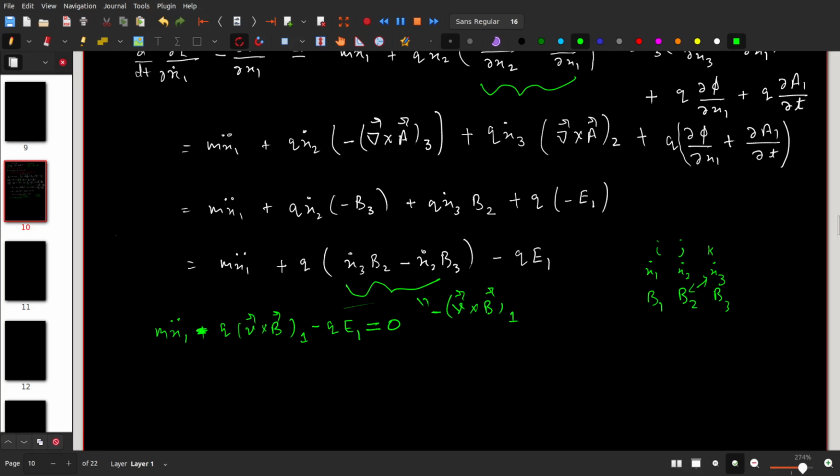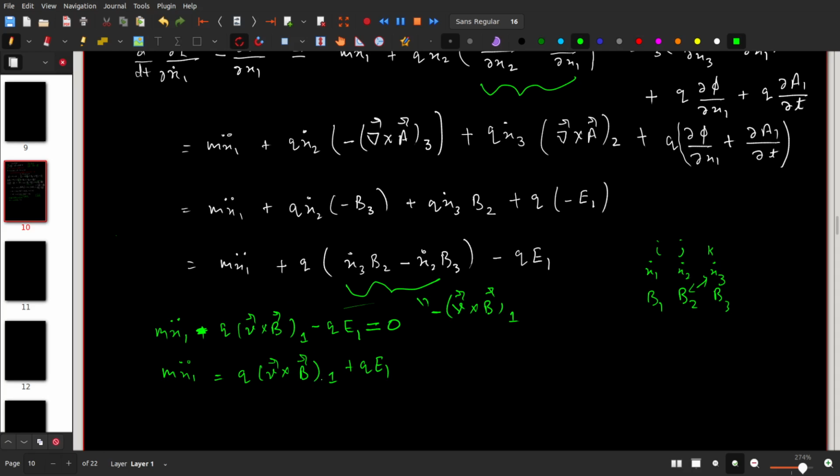We have a minus sign here. So the Euler-Lagrange equation becomes mx1 double dot equals q v cross b first component plus q e1.